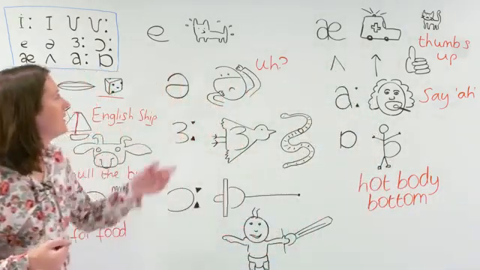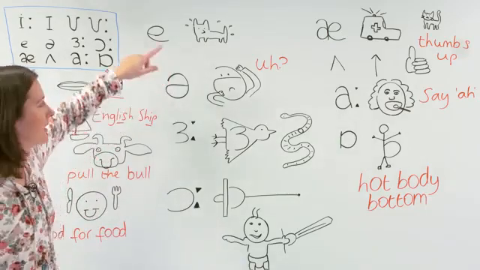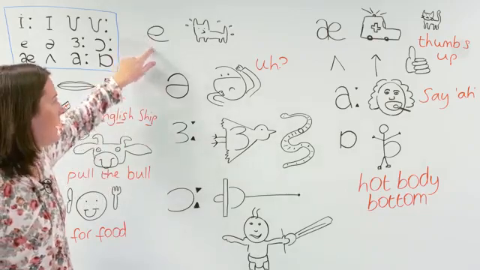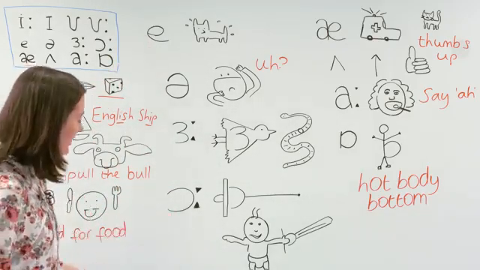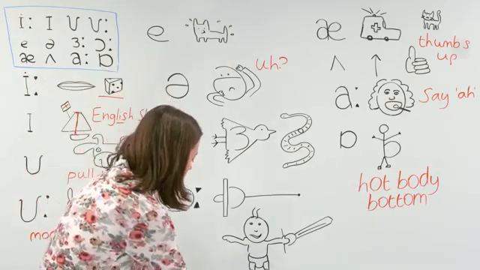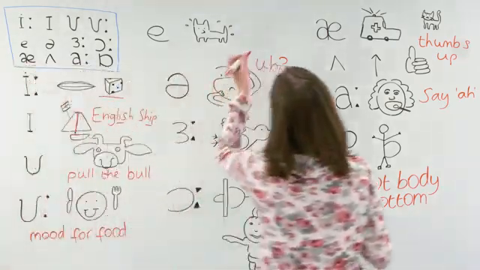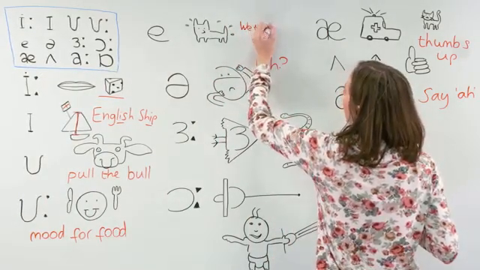Okay, next. Here's one of the easiest ones to remember. This is e. Most words with e in are spelt with the letter E, so it makes it easier for us. And this drawing that we have to remember it is wet pet.